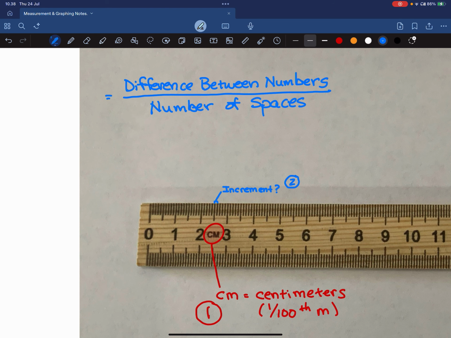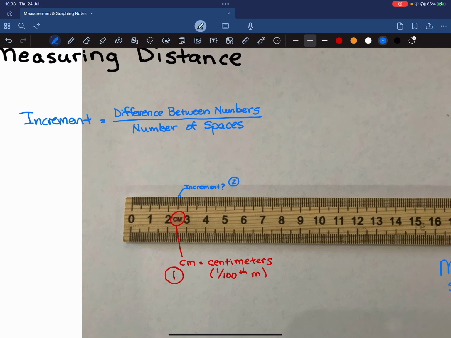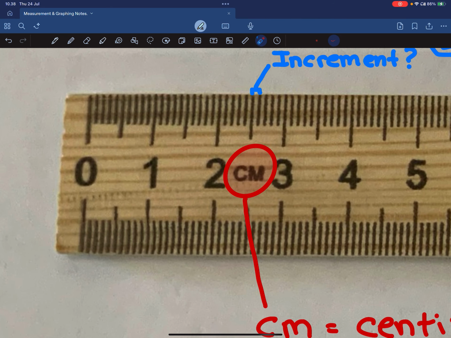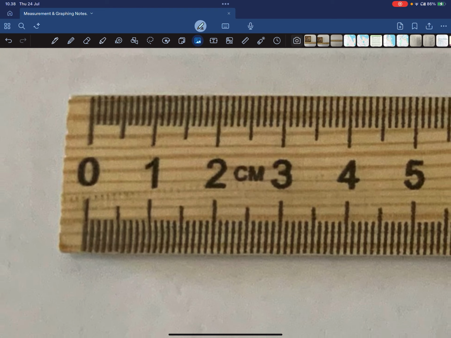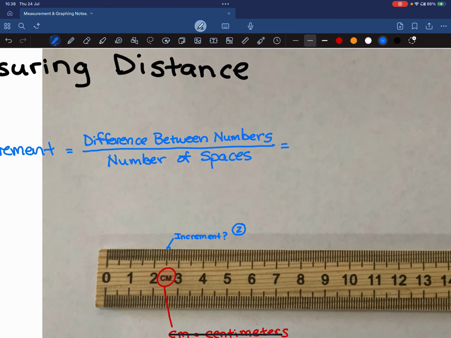And that is going to be equal to your increment. All right, so if we look at the meter stick, every one of these things, the difference between them is 1. 0 to 1, the difference is 1. 1 to 2, the difference is 1. 2 to 3, the difference is 1. Okay? So the difference between the numbers is 1 centimeter.